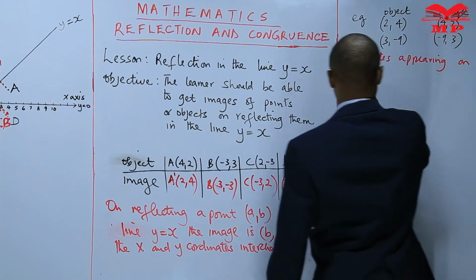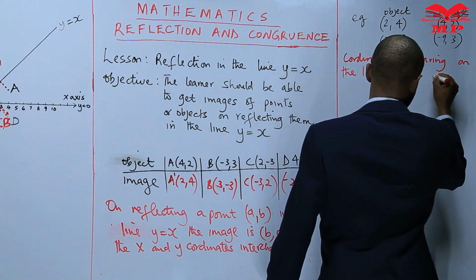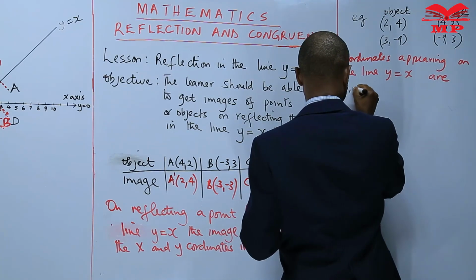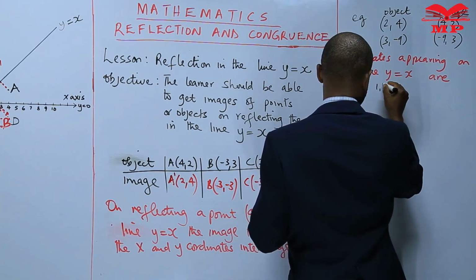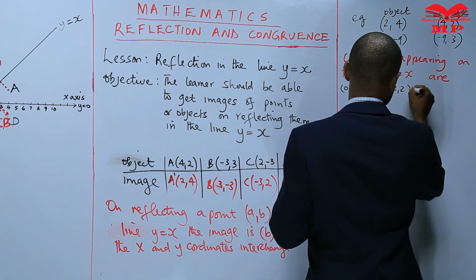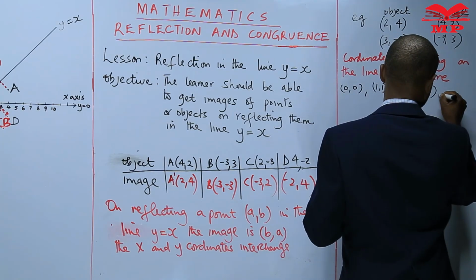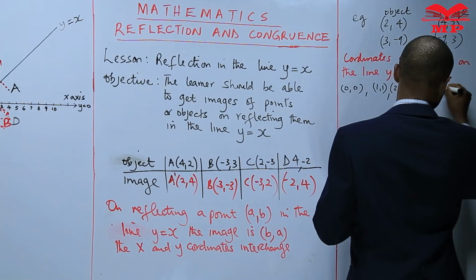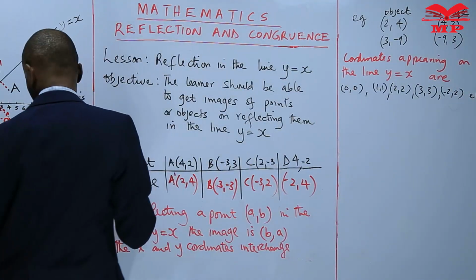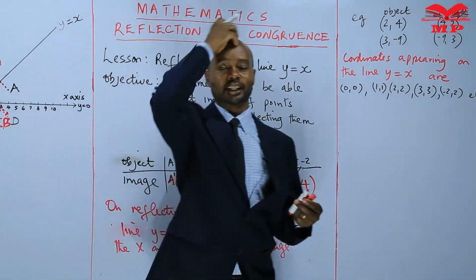Appearing on the line are 0, 0; 1, 1; 2, 2; 3, 3; -2, -2, etc. Those are the points that appear on the reflecting line, which means when you reflect, they remain on the line.